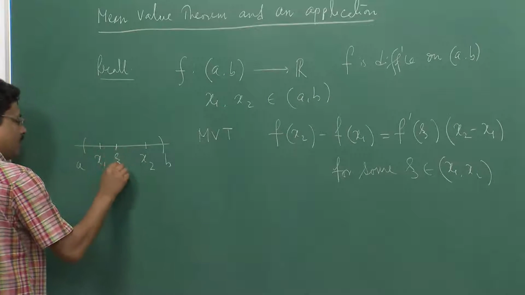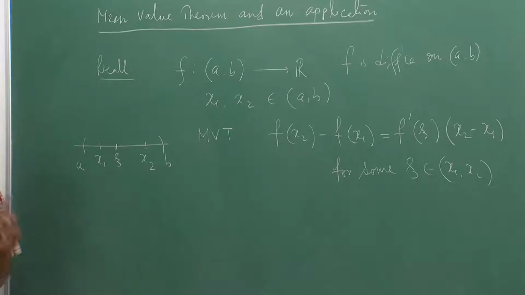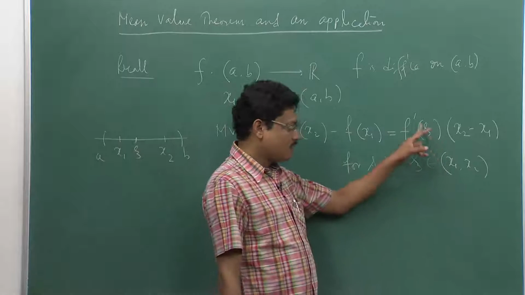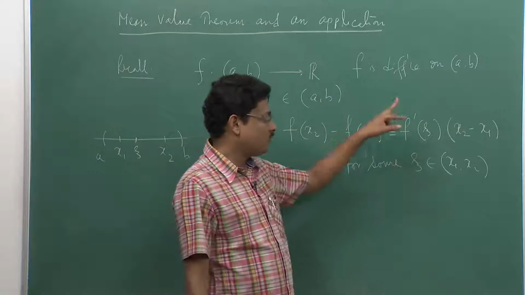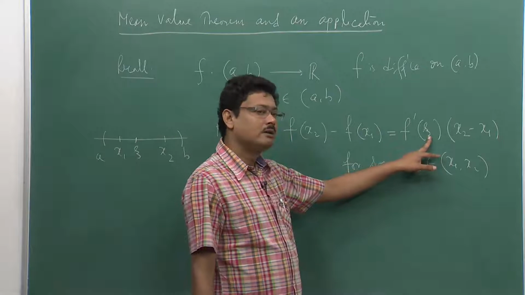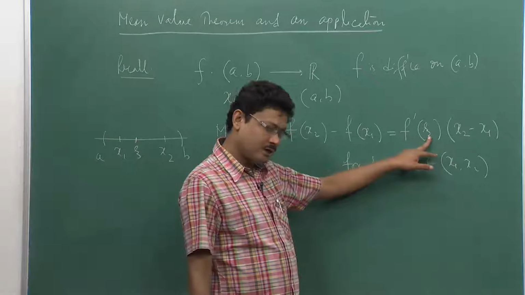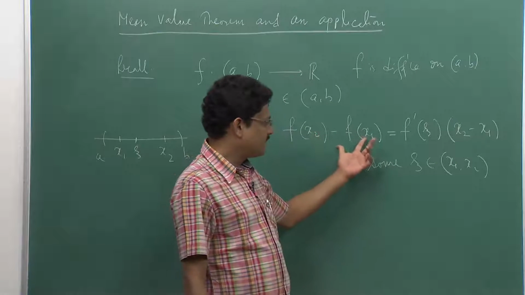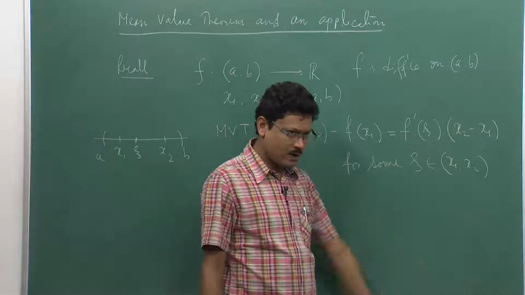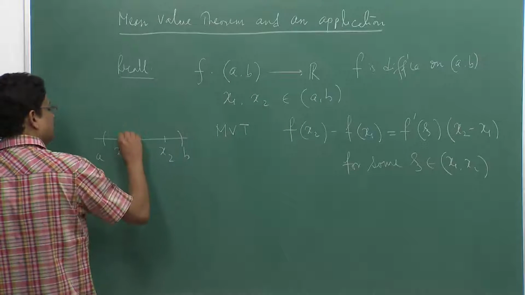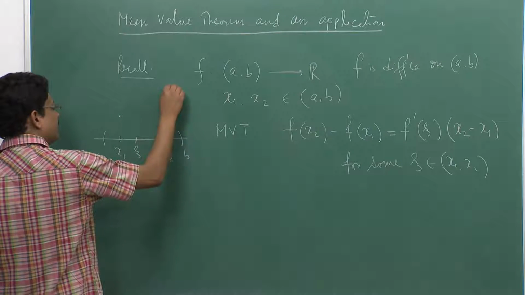Some xi here. What is important here, you can write it in this form, but this theorem does not give what is xi, it just gives that this will be given by f prime xi, or in the other way to say that f x 2 minus f x 1 divided by x 2 minus x 1, right.